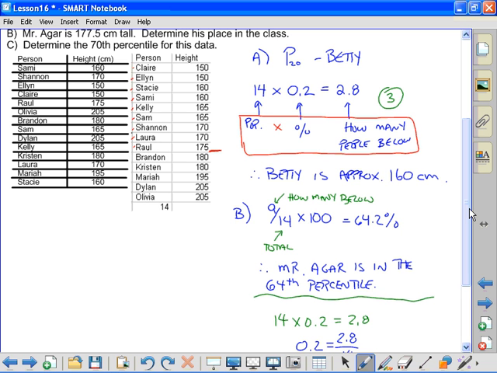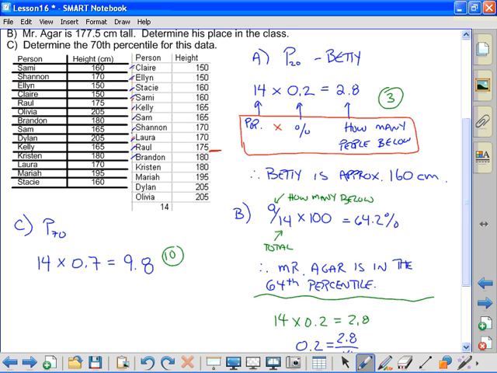C part, determine the 70th percentile for this data. So we're looking for P70. The total number of people is 14, and the percentage is 0.7. Quickly throwing that through the calculator, 14 times 0.7, we get 9.8. So again, we're looking for person 10 on the list: 1, 2, 3, 4, 5, 6, 7, 8, 9, 10.